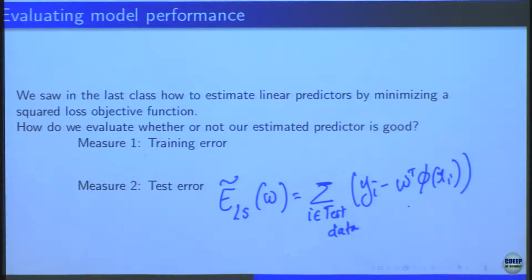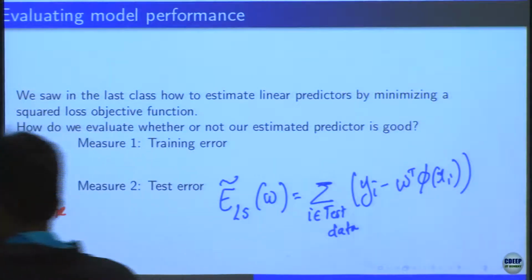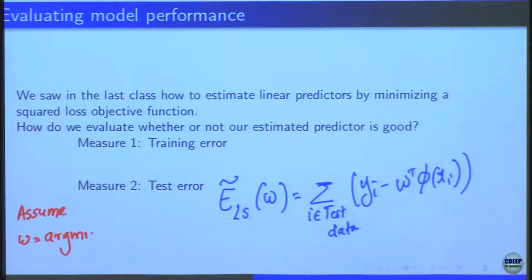This test data is not what was used to obtain your W. Assume that W minimized some objective, it could be just the least square objective, but it did so on the training data.